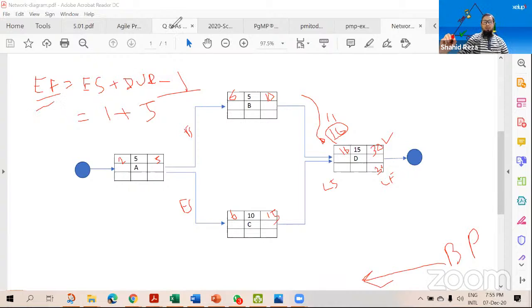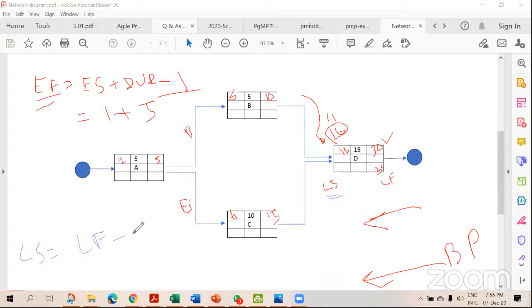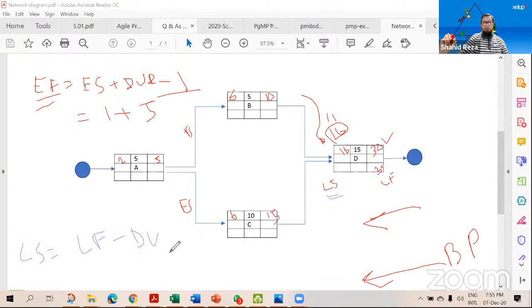Now, as we are coming in the opposite direction, we have to calculate what? We have to calculate late start. So what is the formula of late start? Late start is late finish minus duration, the opposite of the earlier formula, plus 1.